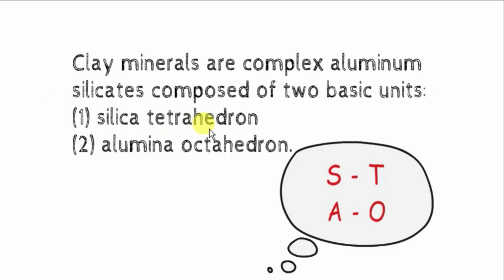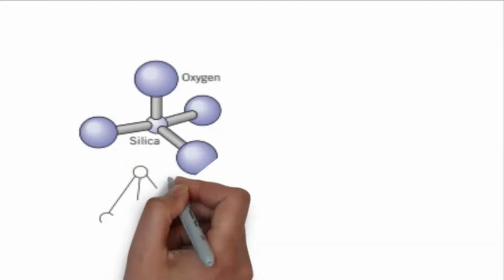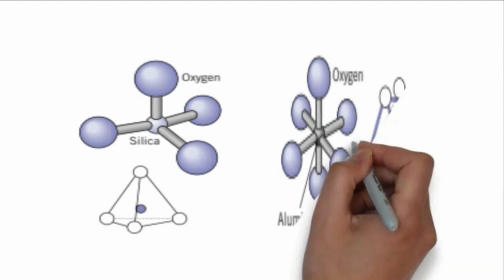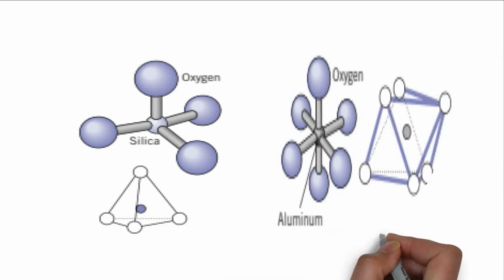Generally, silica tetrahedron forms silica sheets, and alumina octahedron forms the alumina sheets, or the gibbsite sheets. A combination of tetrahedral silica units gives us the silica sheets, whereas a combination of octahedral aluminum hydroxyl units gives us an octahedral sheet.